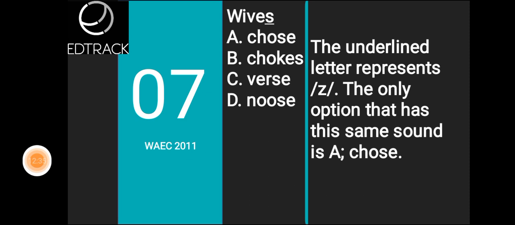Here we come. This is another one for us. How do we pronounce the sound? This is actually taken from WAEC past question for year 2011. So the letter underlined in this word is letter S. Which of these words has the sound that this letter S represents?